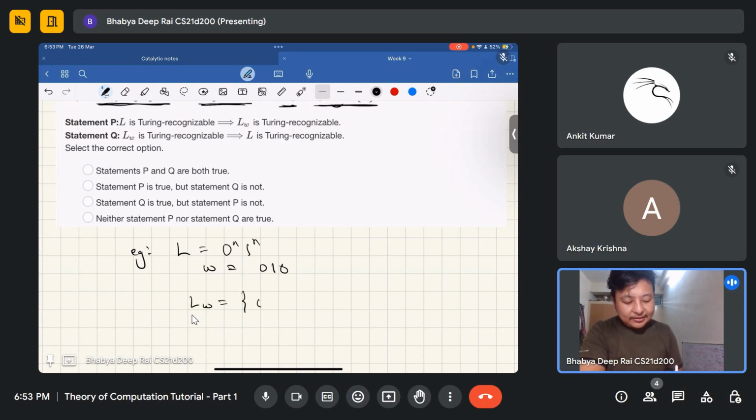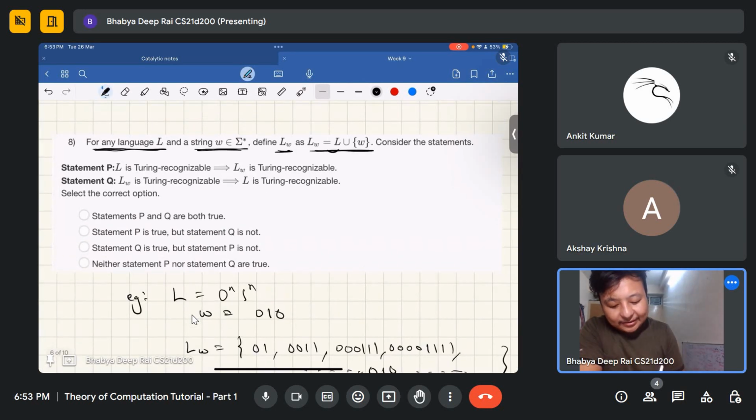It will contain 010, 01, 0011, 000111, 00001111, and so on, along with 010 somewhere. So we are including the string W also in LW. Clear?